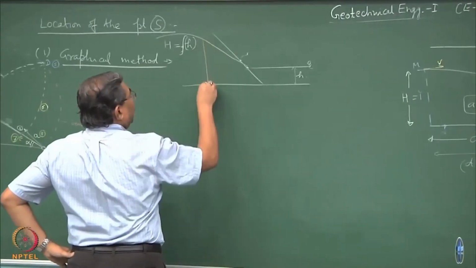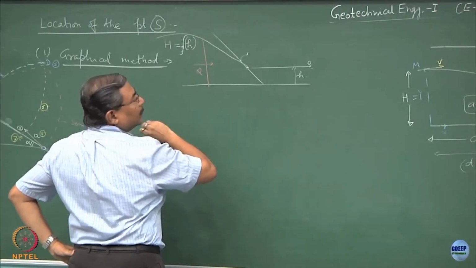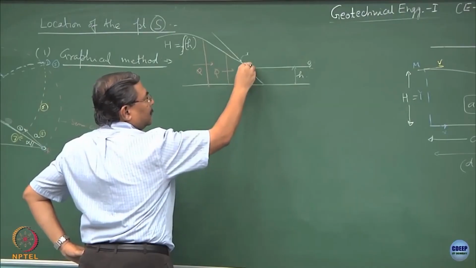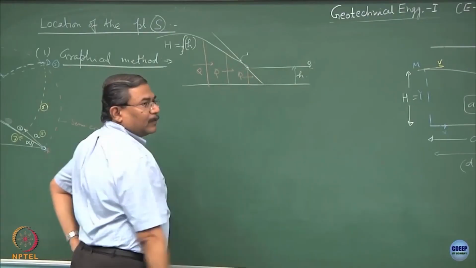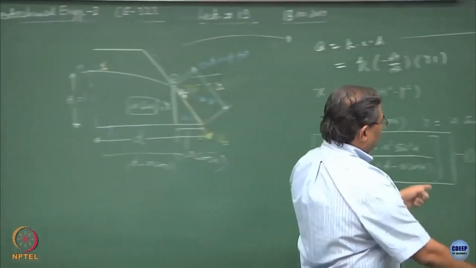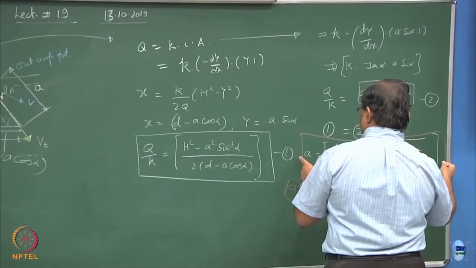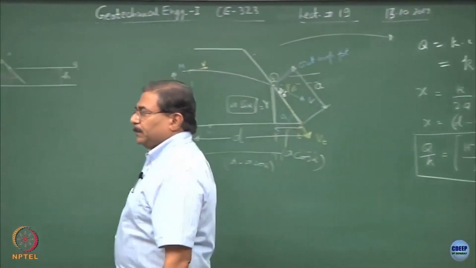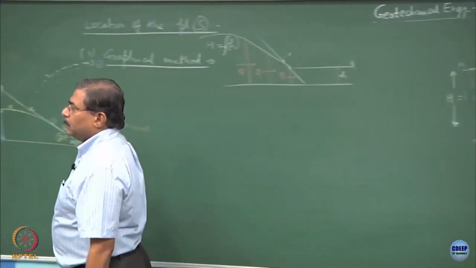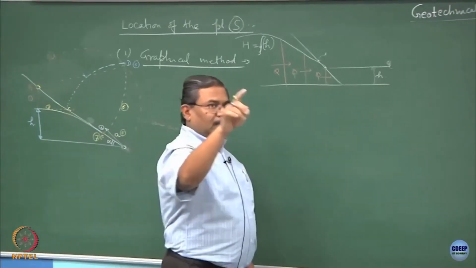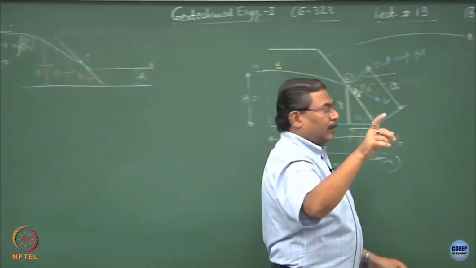At this plane the Q is Q, at this plane also Q is Q, at this plane also Q is Q, agreed? Continuity. What do you observe here? That the outcrop point is independent of Q. Is this okay? So, one of the questions has been answered.